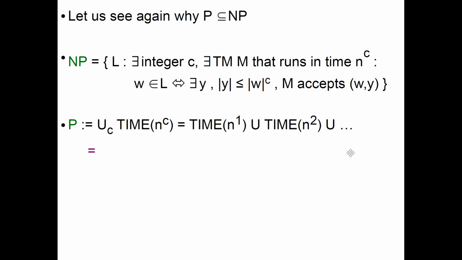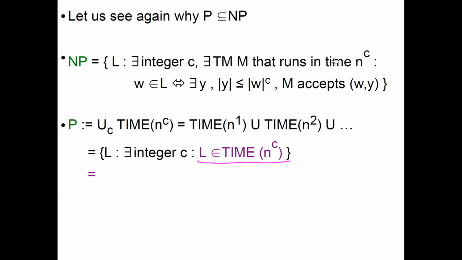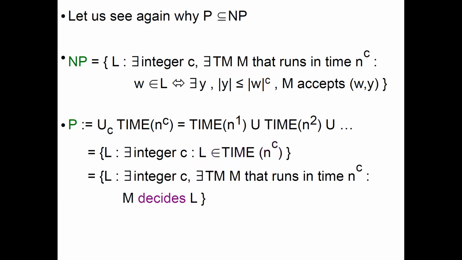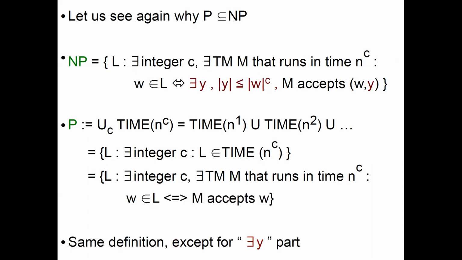Well, our definition for P was the union over c of time n to the c, which is the same thing as saying that there exists an integer c such that L is in time n to the c, which is the same thing as saying that there exists an integer c such that there exists a machine M that runs in time n to the c and M decides L, which is the same definition that we gave for NP, except for the exists y part.